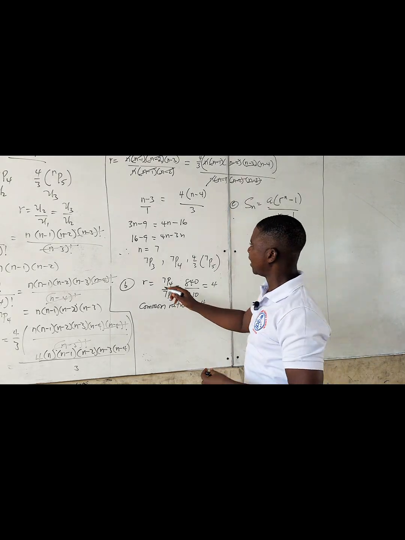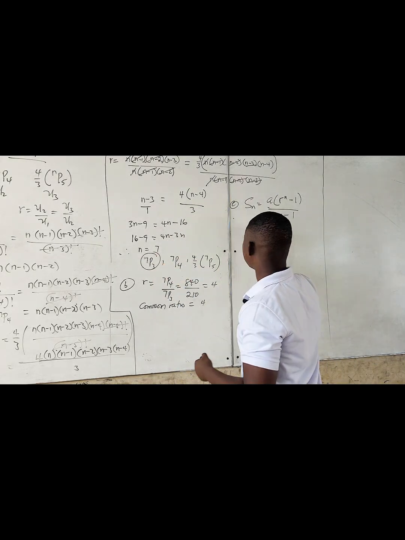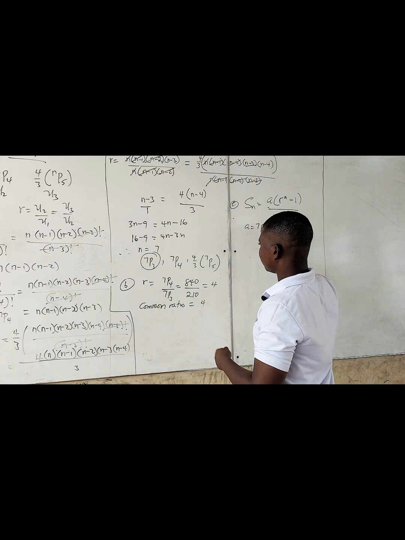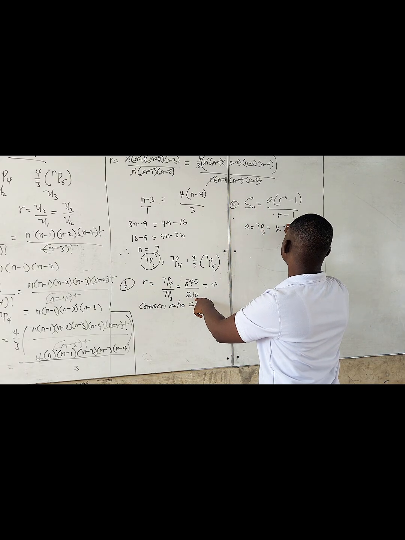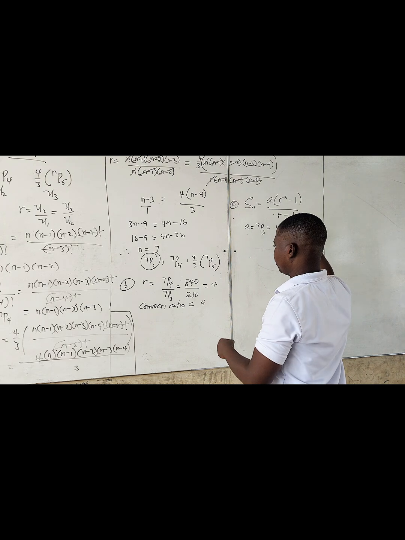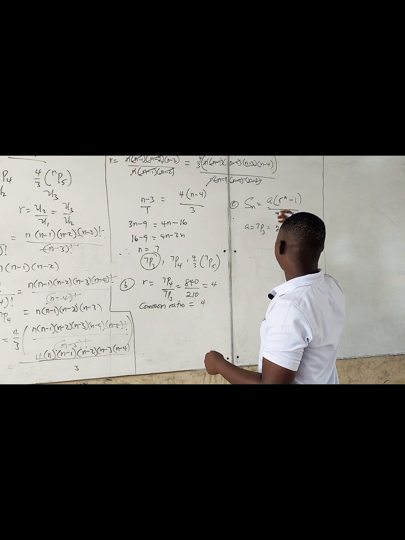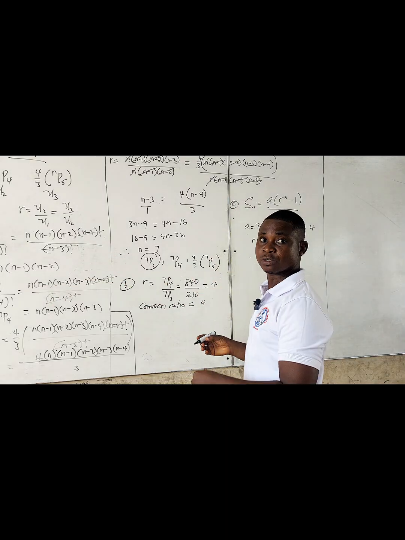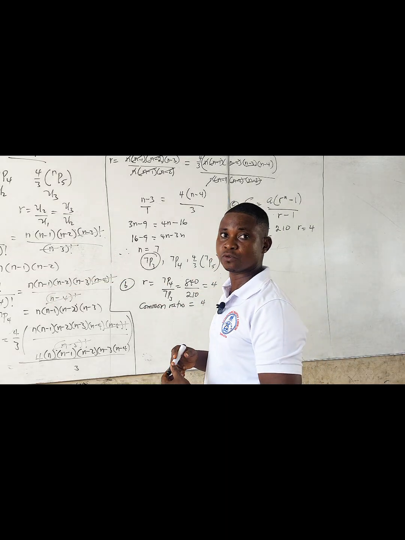So our a is our first term, which is 7 permutation 3, known to be 210. And our r is known to be 4. Our n here is 15 because that's the first 15 terms. That's what we are asked to find.